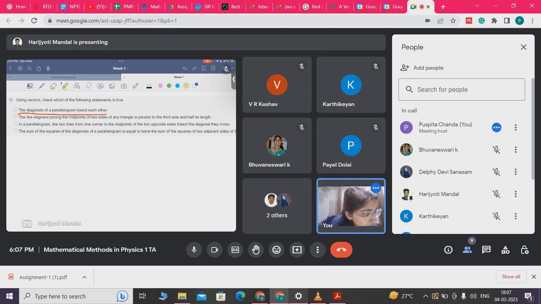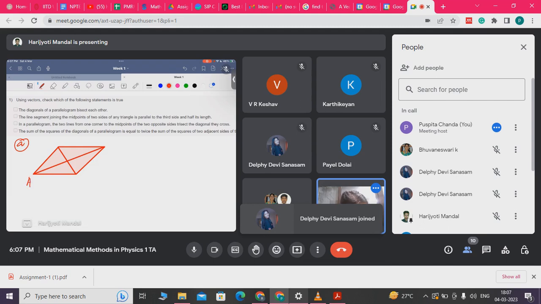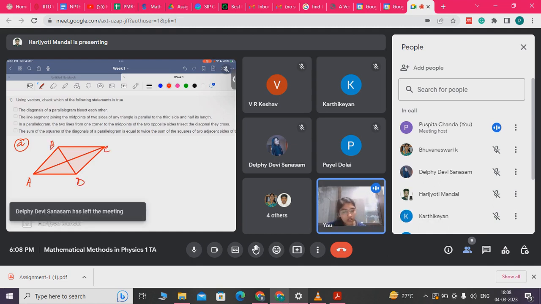So let me prove that using vectors. This is a parallelogram ABCD.